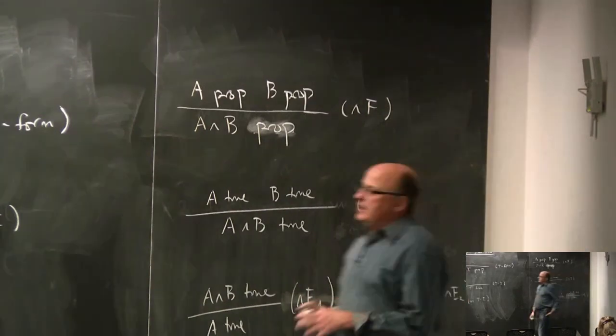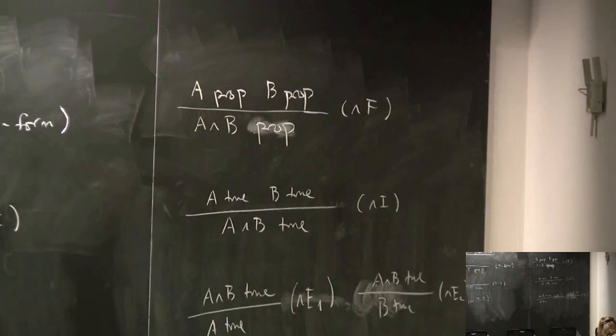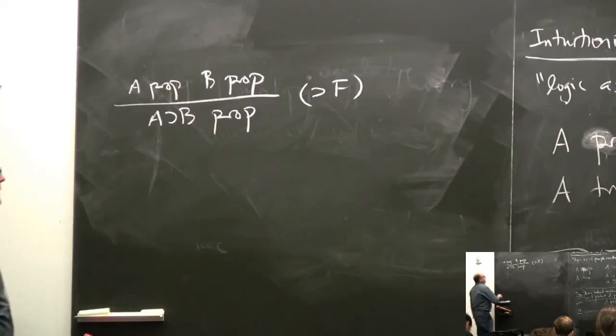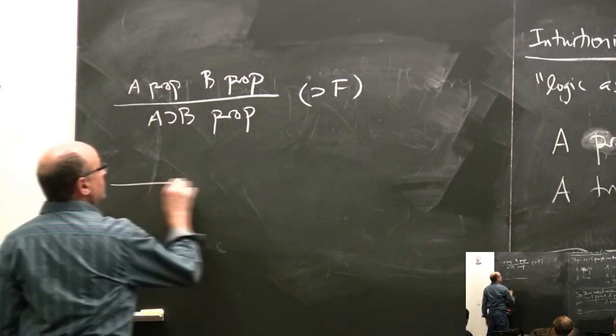Okay, and then there's a third thing I need for propositional logic, for the negative fragment, and it requires a different form of judgment called an entailment. So we'll write it down here. We'll say if A is a proposition and B is a proposition, then A implies B is a proposition, so that's the formation of the implication. I'm one of these people who writes implication with a horseshoe. The reasons for that will come out later.